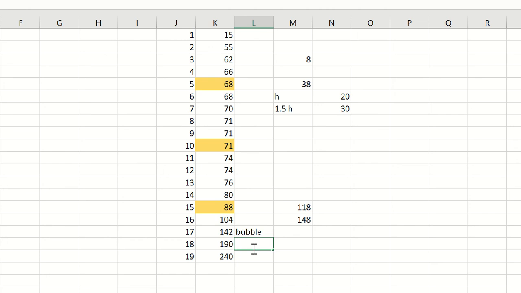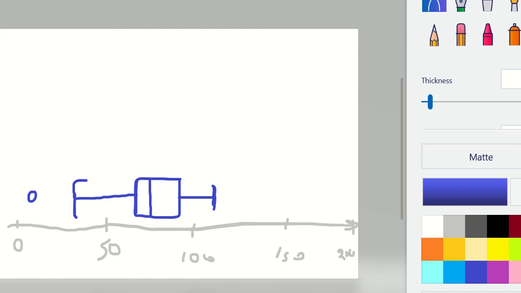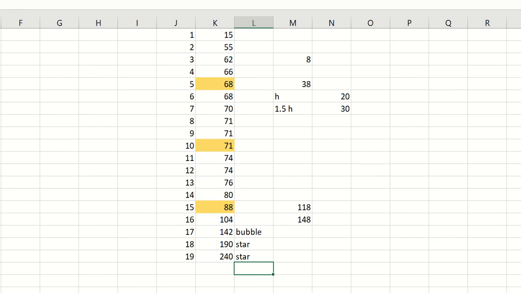So the 190 will be a star and the 240 will be a star. So I have a bubble at 142, a star at 190, and a star at 240. Okay, so at 142, somewhere here, I have a bubble. At 190 I have a star, and at 240 I have a star.